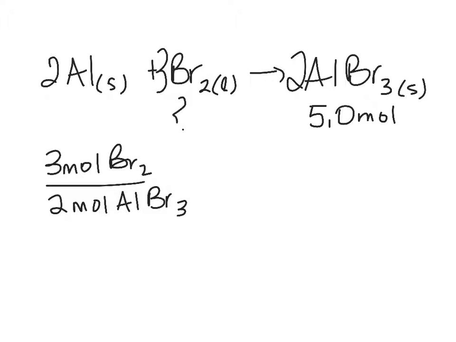Now, if we multiply it by the amount of aluminum bromide that we have, moles of aluminum bromide go.